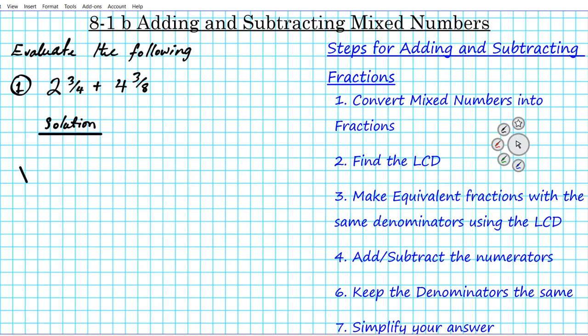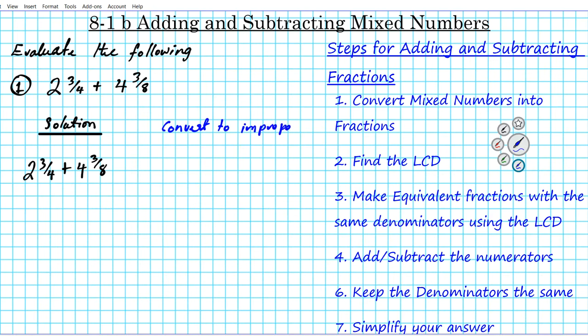So we have 2 and 3/4 plus 4 and 3/8. What we're going to do is convert to improper fractions.